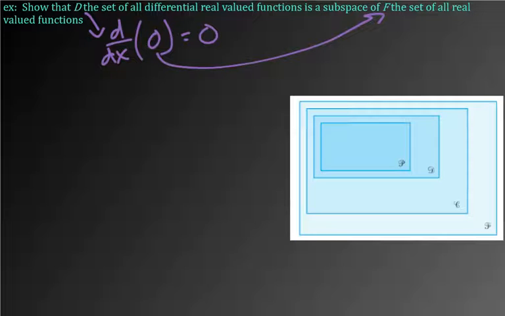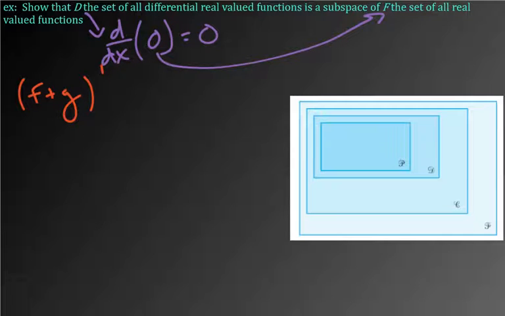What we do have to show is basically that if you take the derivative of a sum of functions in D, then it should be the same thing as taking the derivative of each individually.